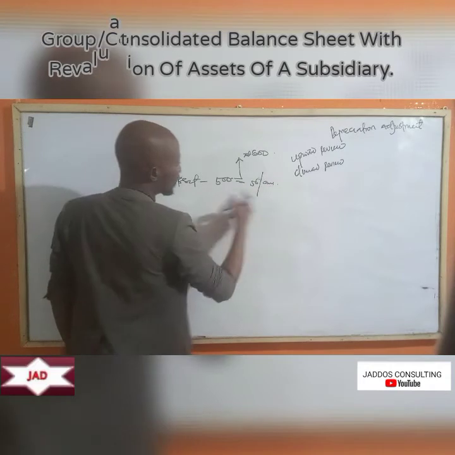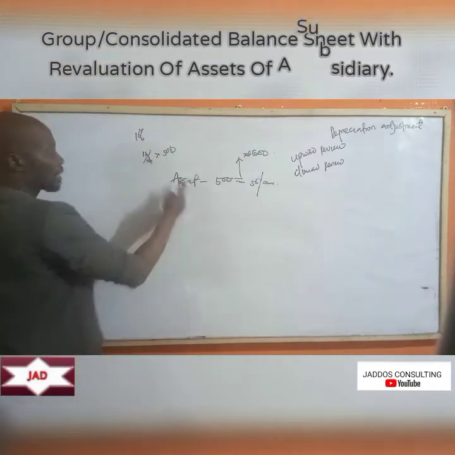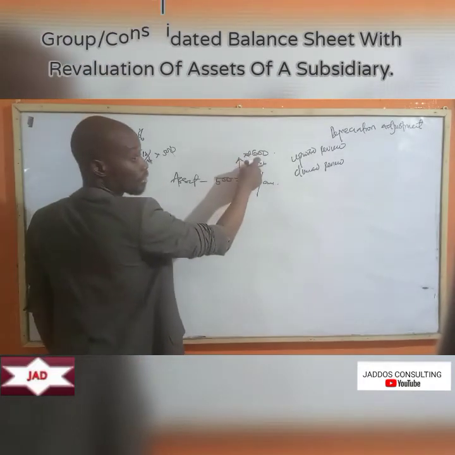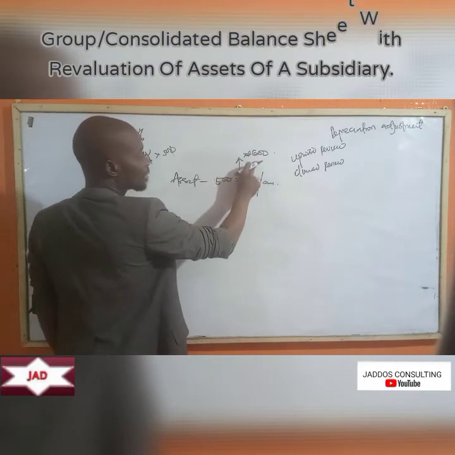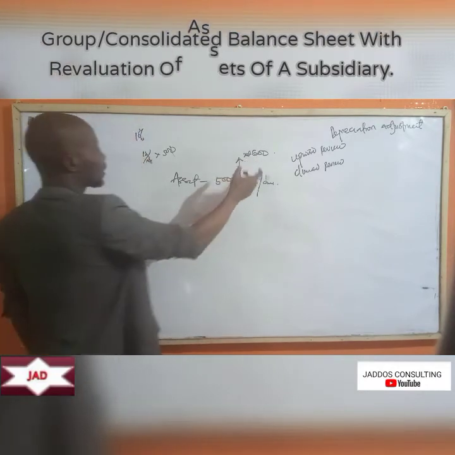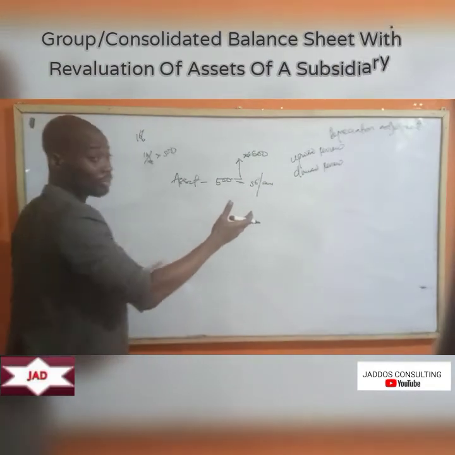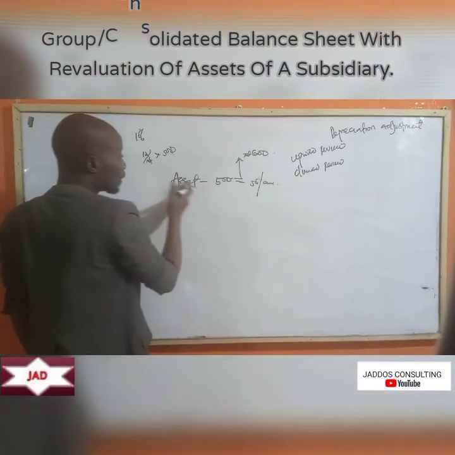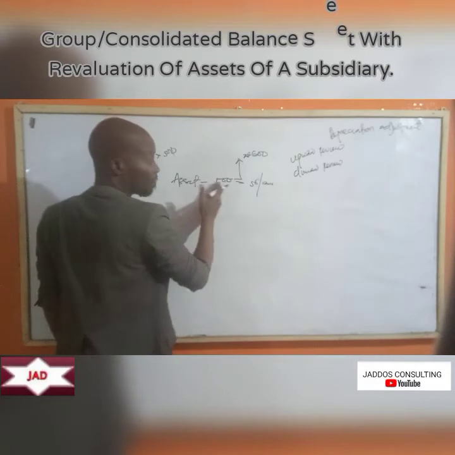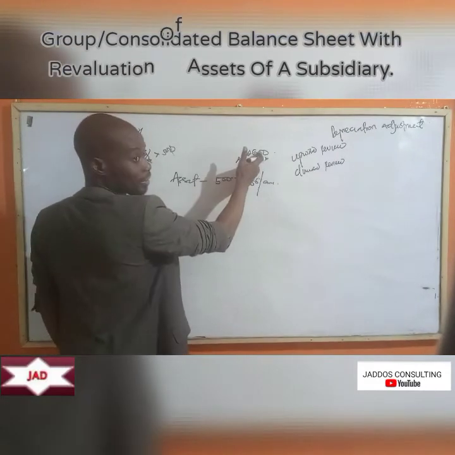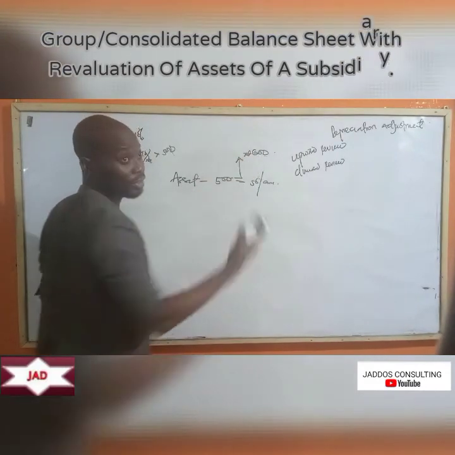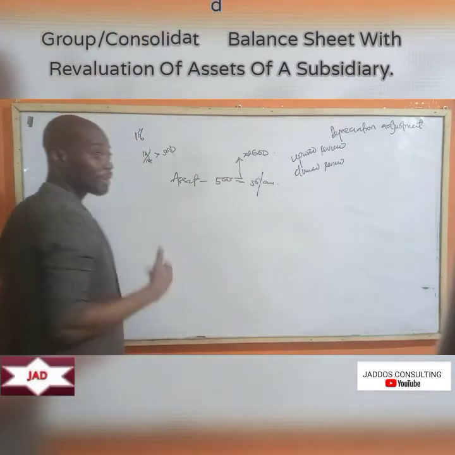Okay? Now this is what you've been depreciating. Now that you have increased to 600, that means there's a depreciation deficit, because you have been depreciating based on 500. Now it's 600. So what you've been using as depreciation is lower than what is now expected.